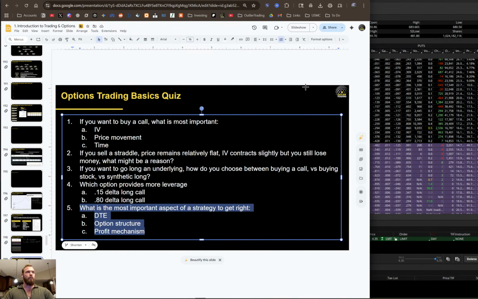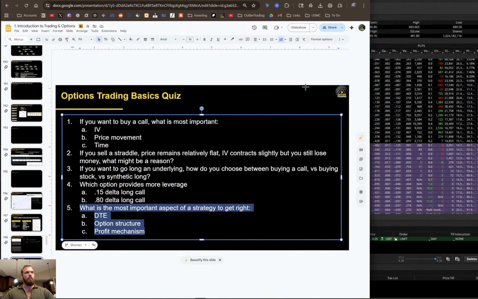The more important factor, though, is that you can use the correct option structure for the wrong profit mechanism and lose money. So the same logic that's being applied to C in that scenario would apply to B.